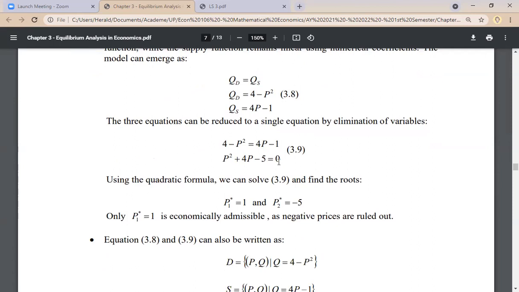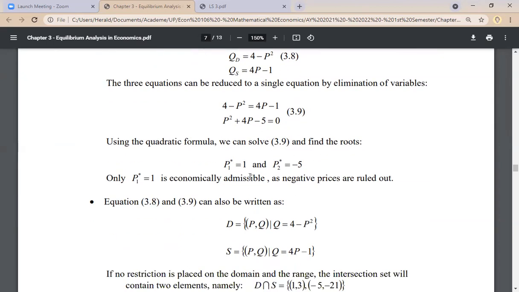With this single equation, class, we know that first we can solve this using the quadratic formula, and second, the roots would be referred to as price here because we only have one unknown, which is price. So when using the quadratic formula, we find the roots: p is equal to 1 or p is equal to -5.